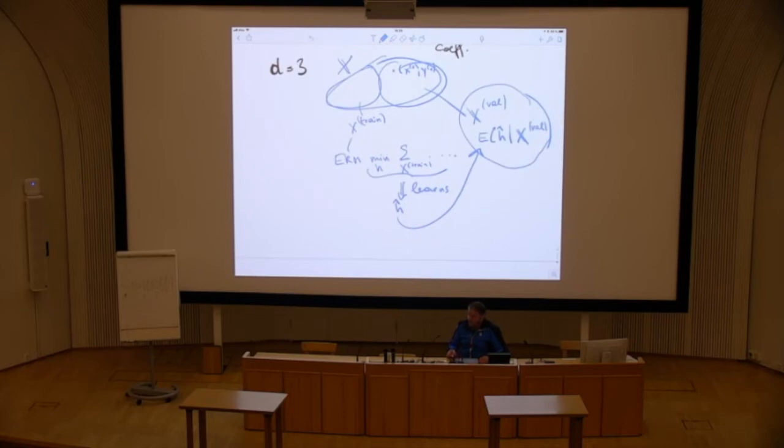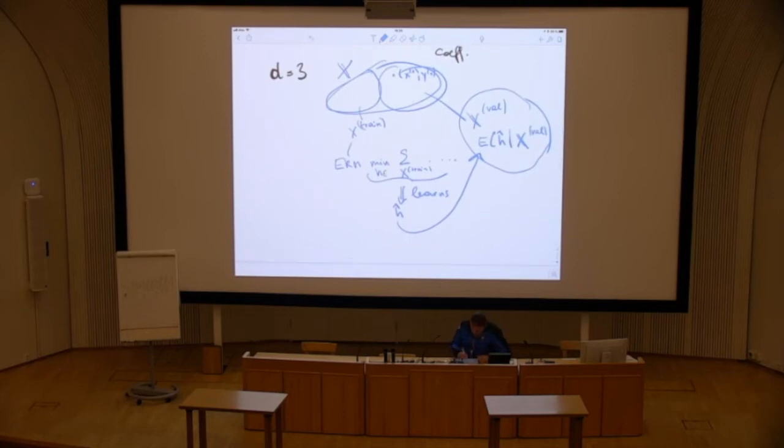Using this validation error tells us in some sense how good this hypothesis space is. So this validation error is kind of a higher level loss function for a hypothesis space. This empirical risk measures the quality of a particular predictor. This validation error measures the quality of a particular hypothesis space.